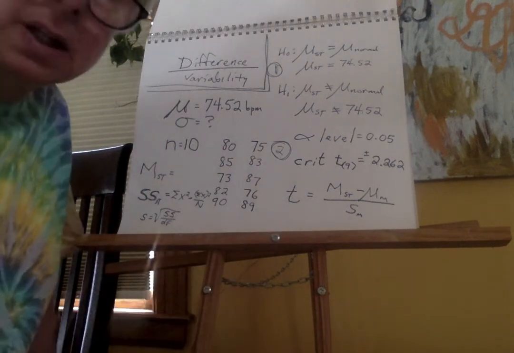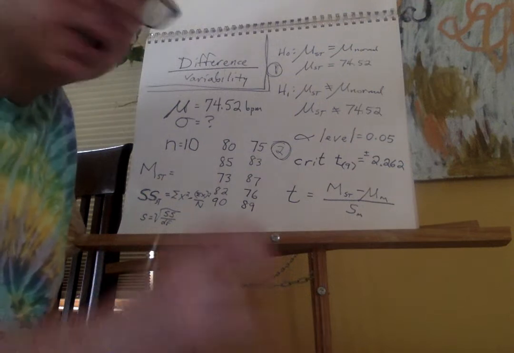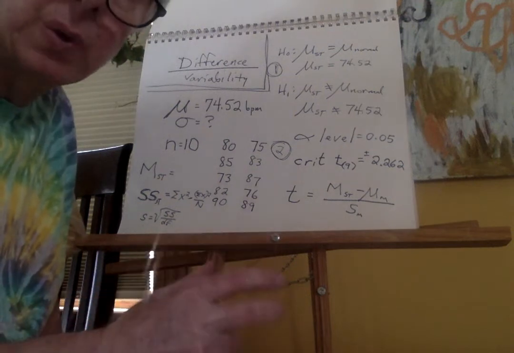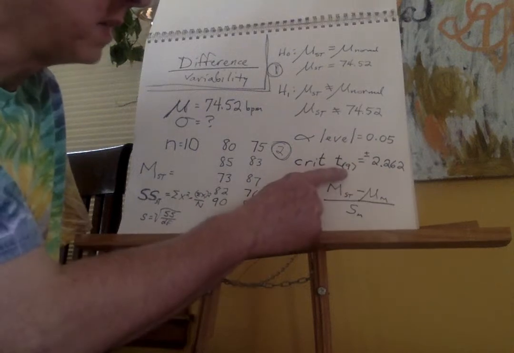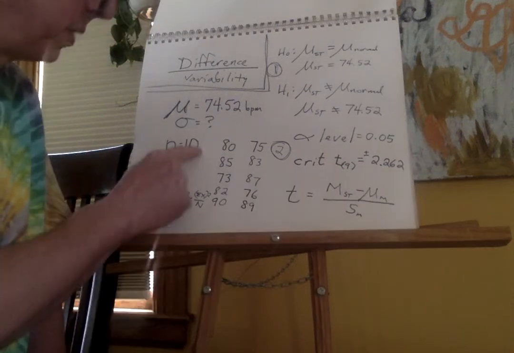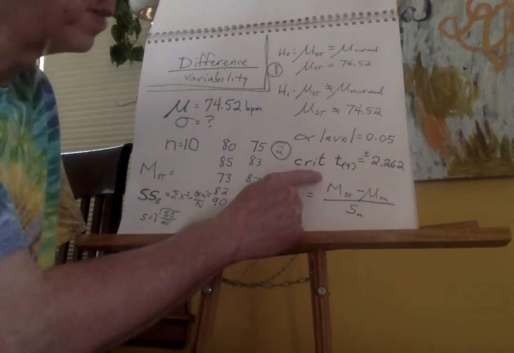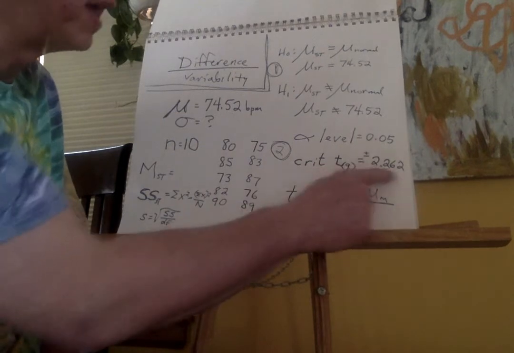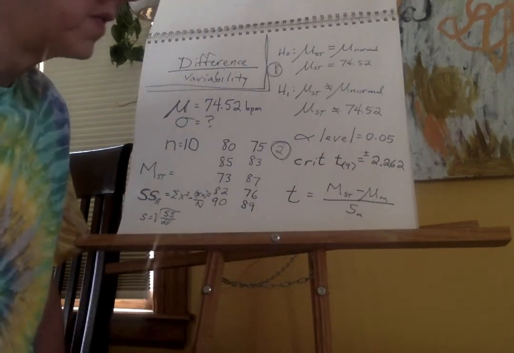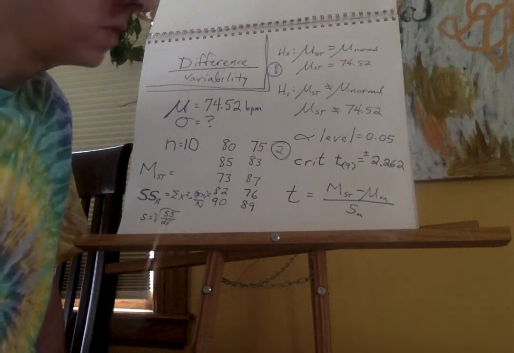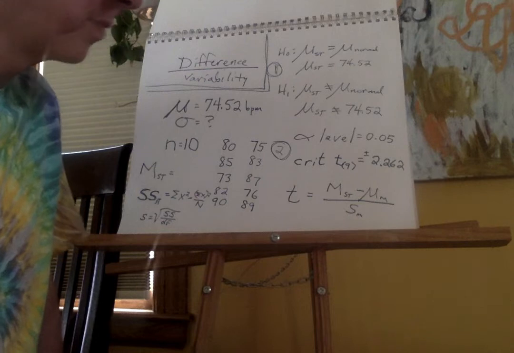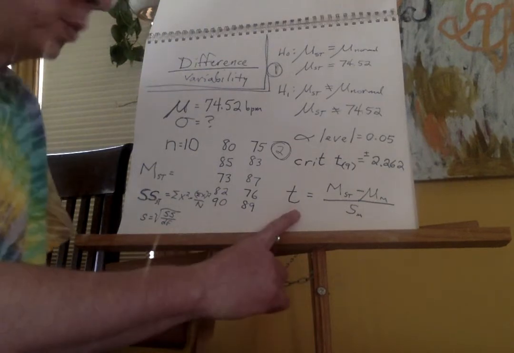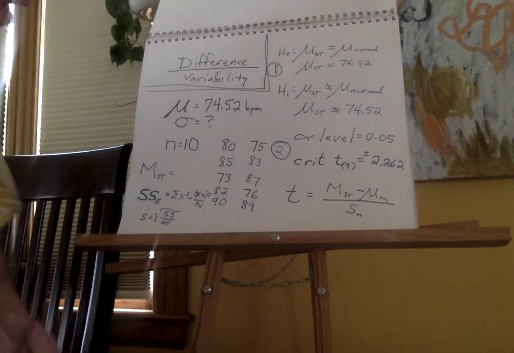This is analogous to the critical value of 1.96. We need to adjust it a little bit. For 9 degrees of freedom, we have 10 people, so we have 9 degrees of freedom here. Then our critical value is 2.262. Okay? And for this problem, we need to do a t-test.